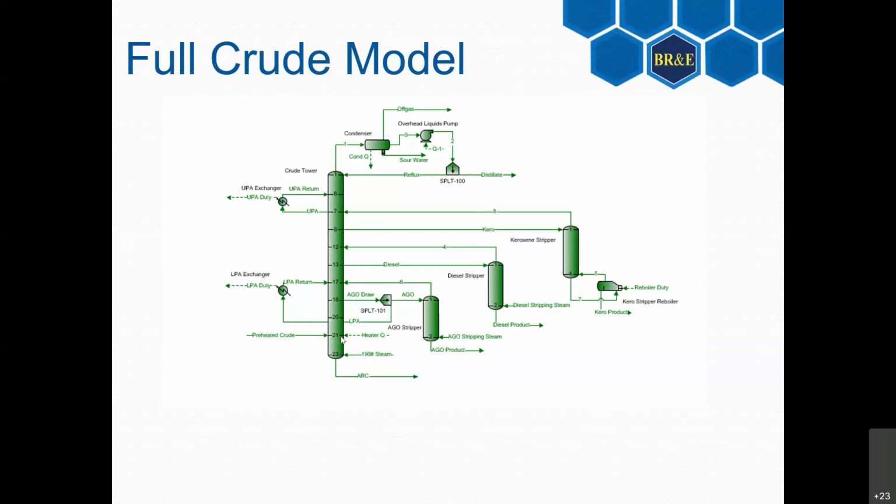And all the vapor will rise up through the column, and that's all the heat input for the column. The one key difference, crude column versus some more common columns, is that there's going to be no reboiler, but all the heat input into the system is going to enter with the feed.